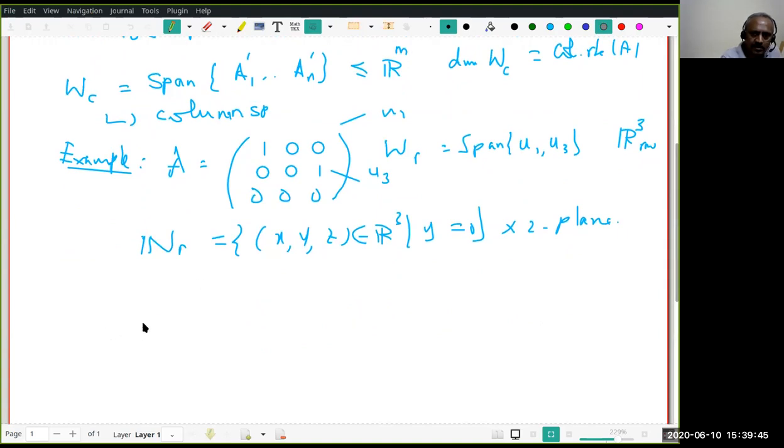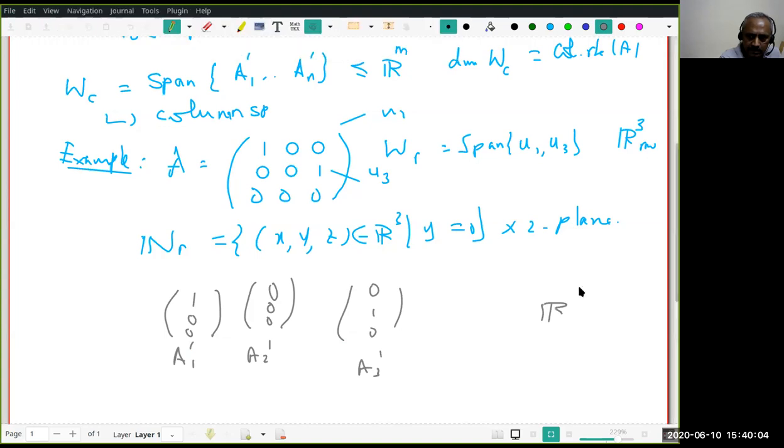Now, what are the columns? Columns are (1, 0, 0). This is the first column. Second column is (0, 0, 0). And this is my A1 dash, A2 dash, and A3 dash is (0, 1, 0). This is A3 dash. Now, if I look at R3 with the column, what are the basic vectors?